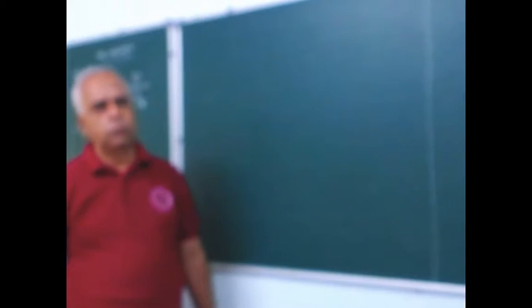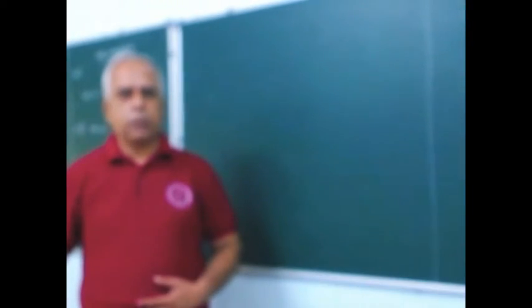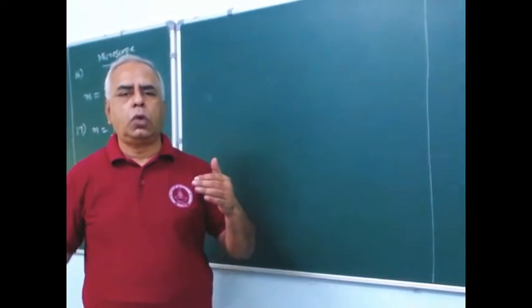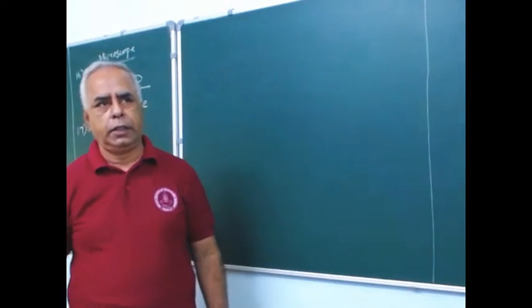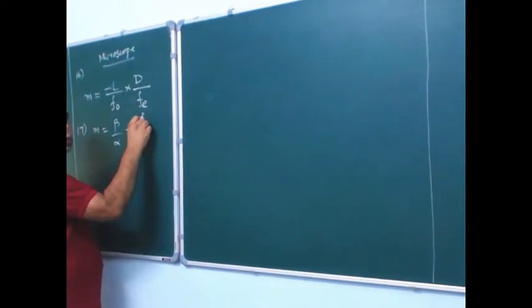So M is equal to beta by alpha, beta divided by alpha, right? And this can also be represented as the ratio between FO and minus FE. Take down FO. What is FO?